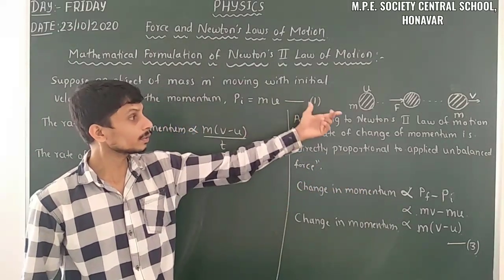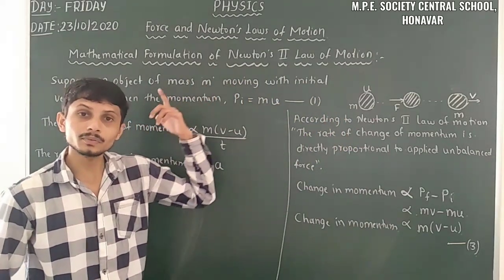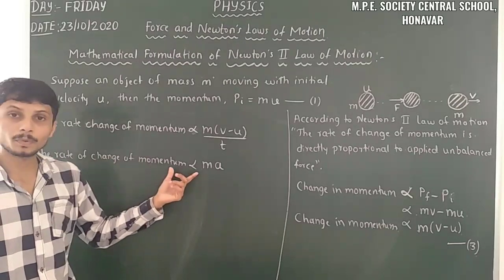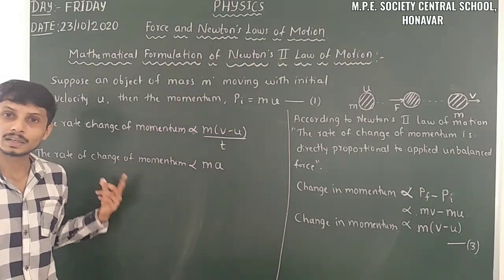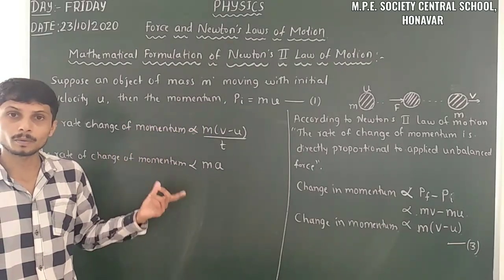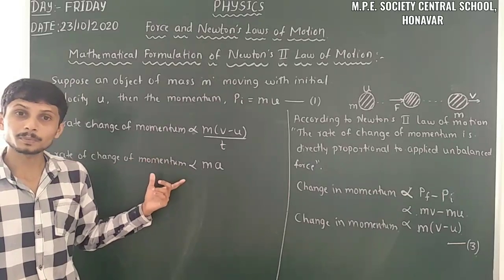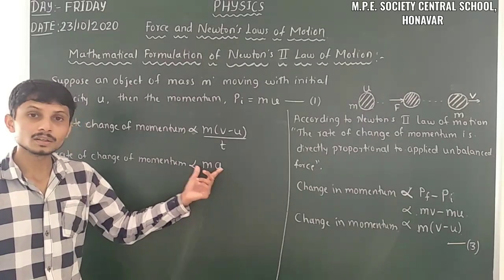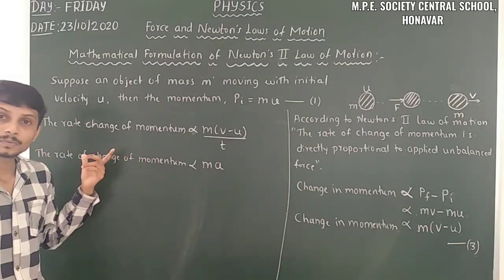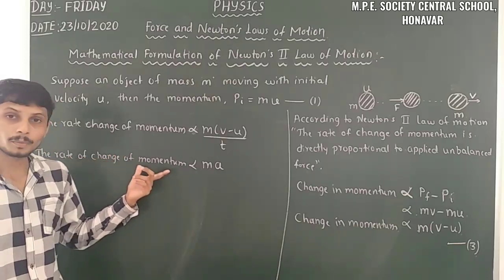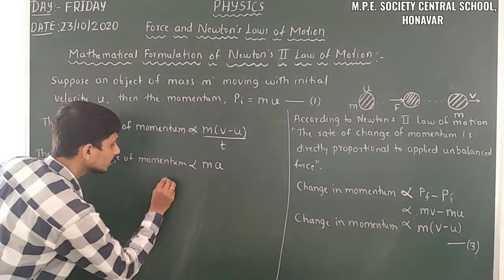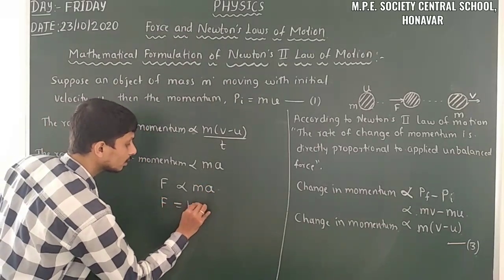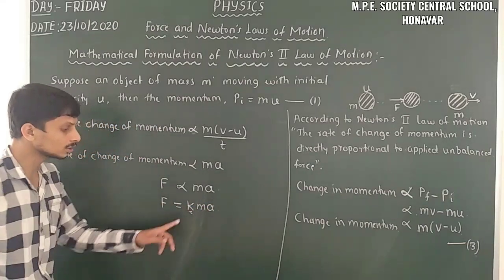That means whatever force we apply, we write F. So in place of the rate of change of momentum, we can take force here. That is, F is directly proportional to M into A. This implies F is equal to K into M into A.